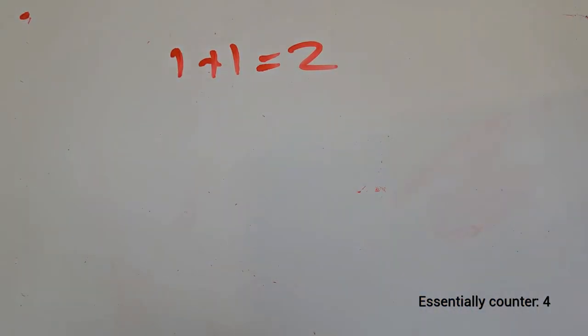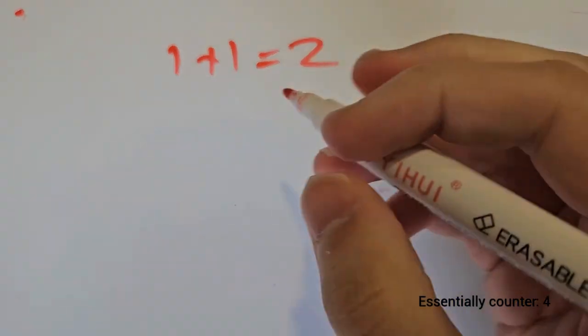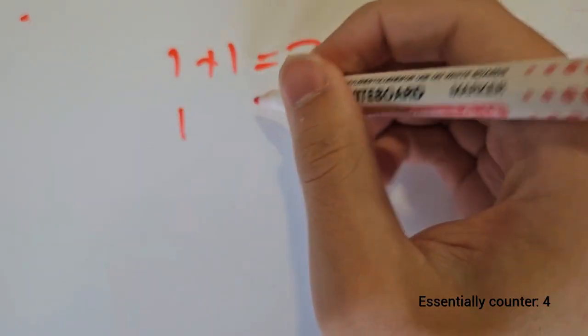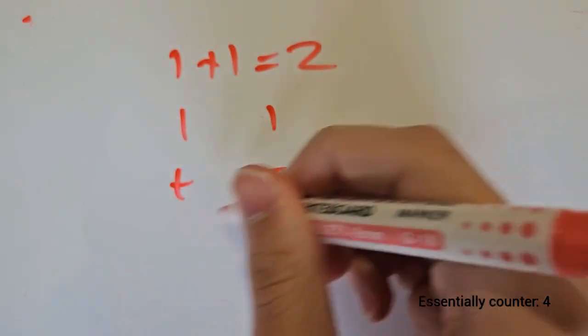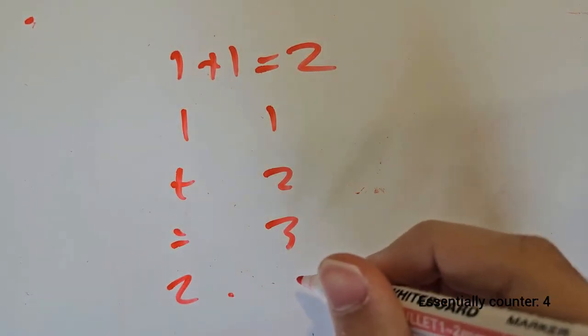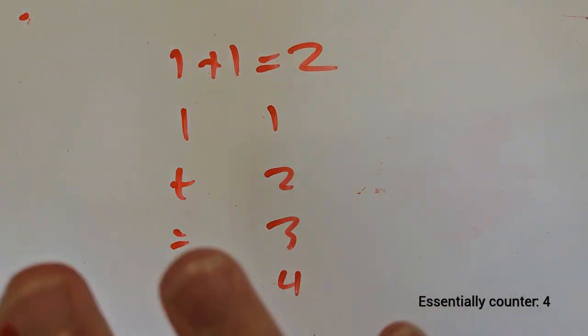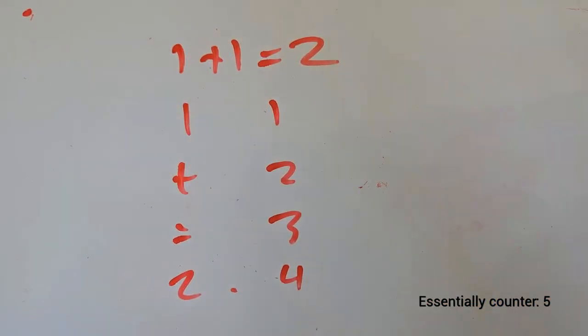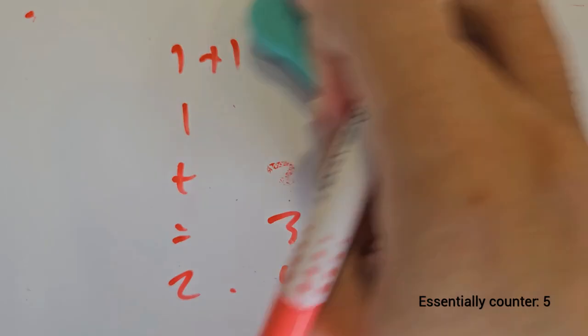So how we turn 1 plus 1 equals 2 into a Gödel number according to a system is convert these numbers and symbols to other numbers. So 1 equals 1, plus equals 2, equals 3, and 2 equals 4. And essentially what we're going to do with that is convert 1 plus 1 equals 2 to 1, 2, 1, 3, 4 in that order.